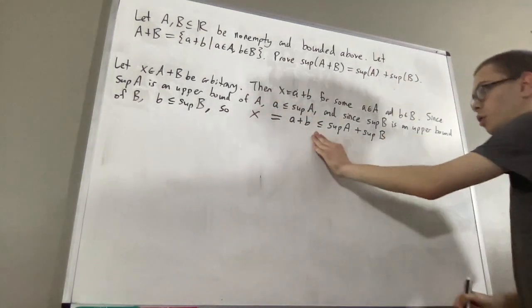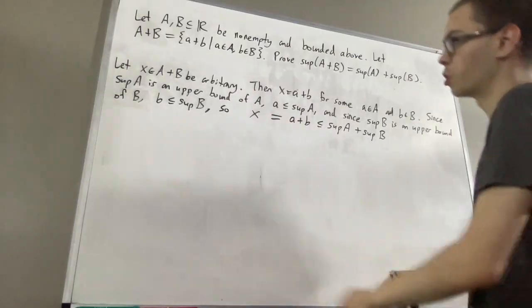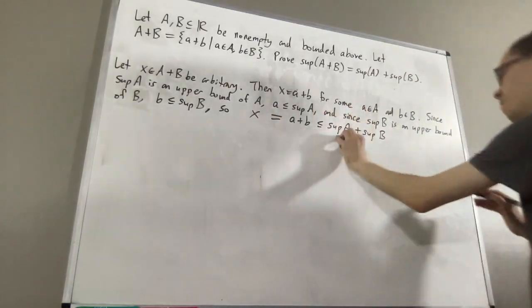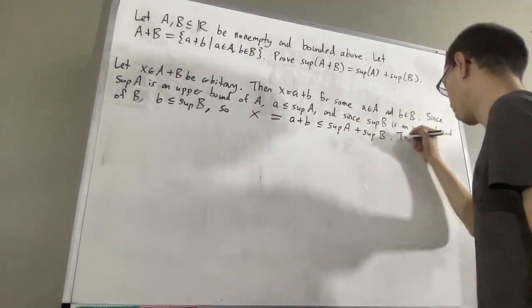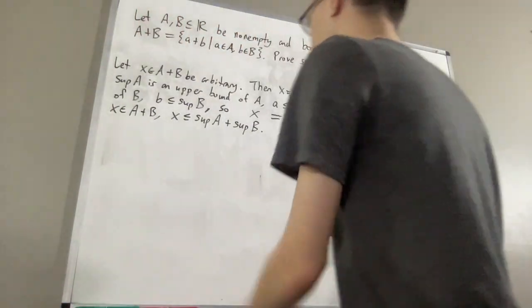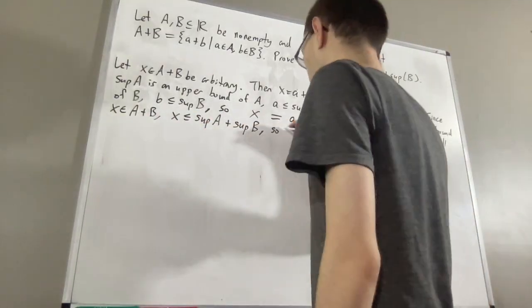So x is less than or equal to the supremum of A plus the supremum of B. So putting this all together, we have shown that given any x in A plus B, x is less than or equal to the supremum of A plus the supremum of B. And so that proves the supremum of A plus the supremum of B is an upper bound of A plus B.